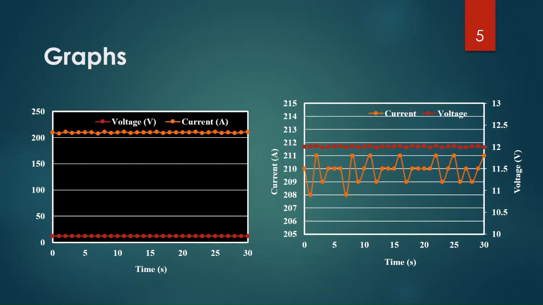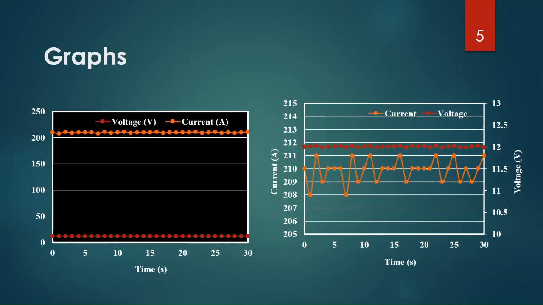But let us present it in another way. Look at the figure on the right-hand side. As you see here, we have the voltage scale on the right-hand side and the current on the left-hand side. And as you see, we have magnified it somehow.